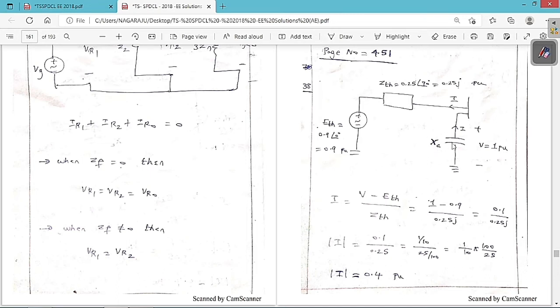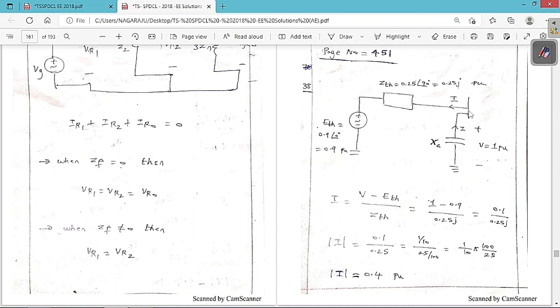Let me assume this capacitor delivers a current I in this direction. As we are not keeping any load here, the same current also passes through this line. I have not kept any load here, so the same current is passing through this one.